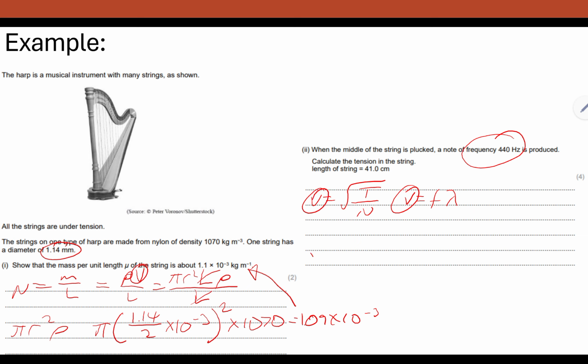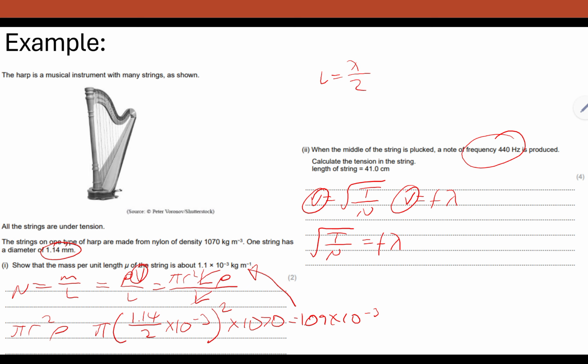So it will be root T over mu equals f multiplied by wavelength. So we have the f, but we need to find the wavelength. To do that, we use L equals wavelength divided by 2. It's not really a formula, but we just need it.